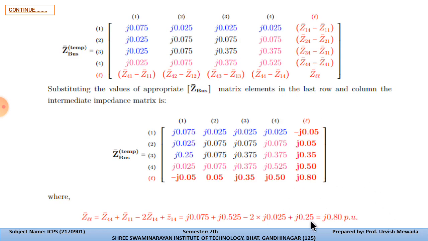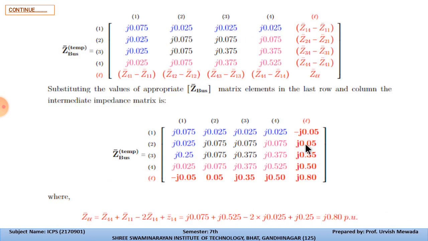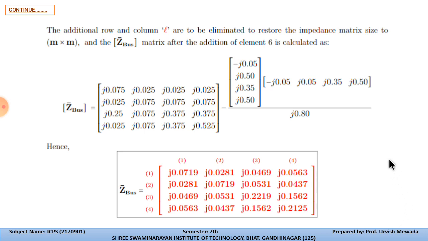By placing these values we get the value of ZLL, the Zbus for the sixth link which is added. So ZLL will become 0.80 pu.